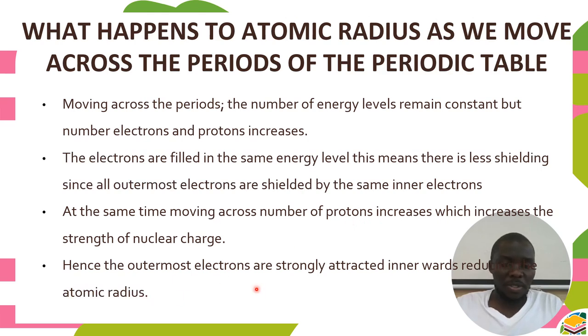Hence, moving across the periodic table from left to right, the nuclear charge is very strong. It attracts the outermost electrons so strongly. Therefore, the outermost energy level is pulled inward, reducing the size of the atomic radius.